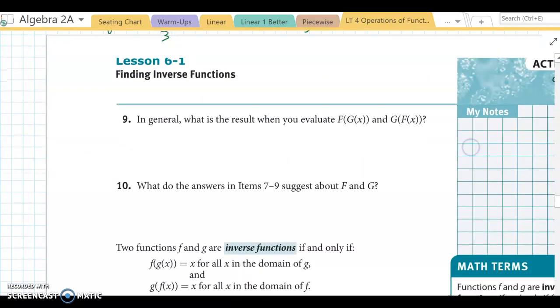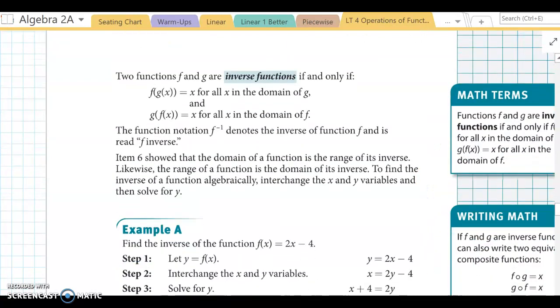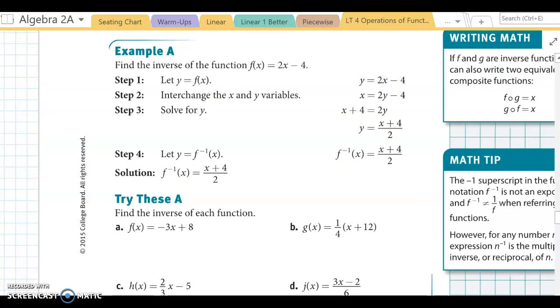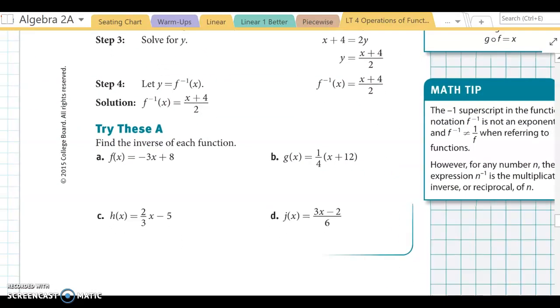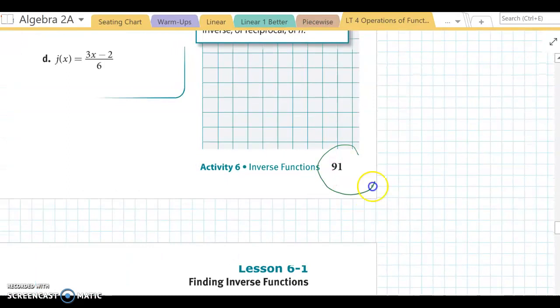So you're going to do the same thing. This is your homework. IXL didn't really have anything the way I wanted it. So there's another example there you can take a look at also. So if you don't like the notes, there's one more. So your homework or your work on your own is going to be this page here, which is page 91.